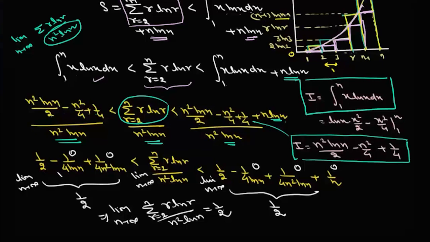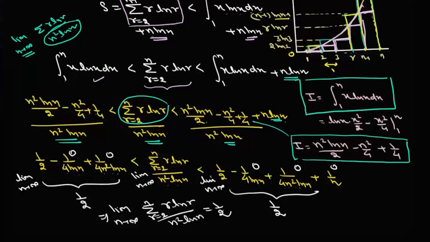So it will be 1 by 2 minus 1 by 4 log n plus 1 by 4 n square log n. This is the summation r log r upon n square log n, and this is 1 by 2 minus 1 by 4 log n plus 1 by 4 n square log n plus 1 by n, and then we'll take the limit as n tends to infinity.